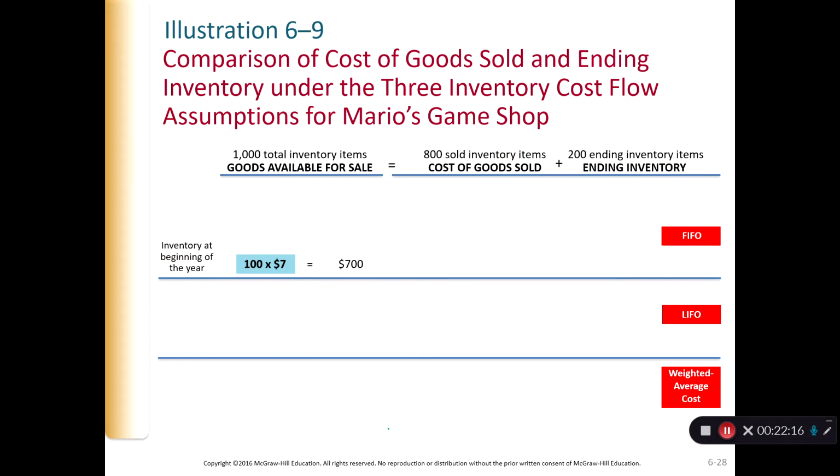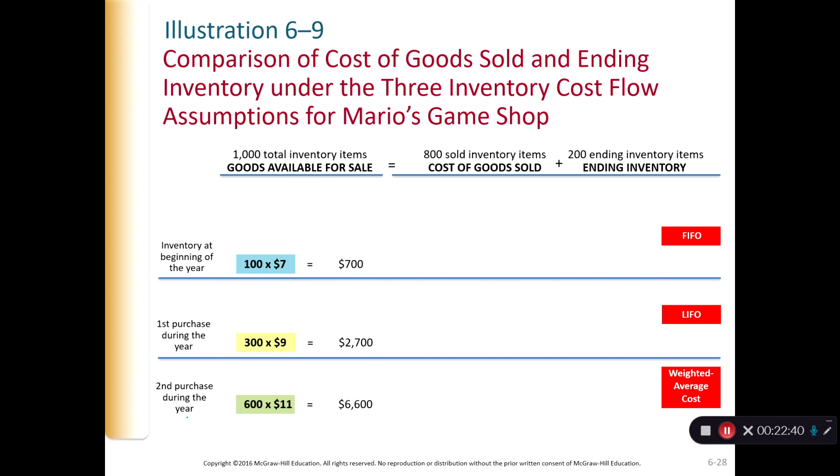Okay, so now we want to do a comparison of what's different. I want you to keep an eye on each number, so now we put it together to make it clearer. Inventory at the beginning of the year is 100 at $7 a piece, which is $700, and the first purchase during the year is 300 units at $9, which is $2,700.